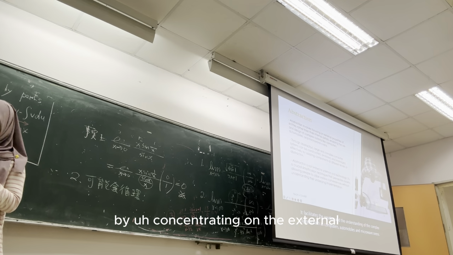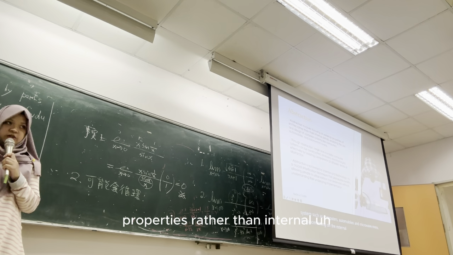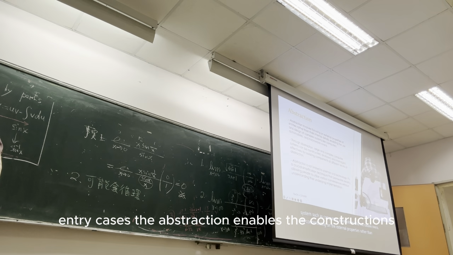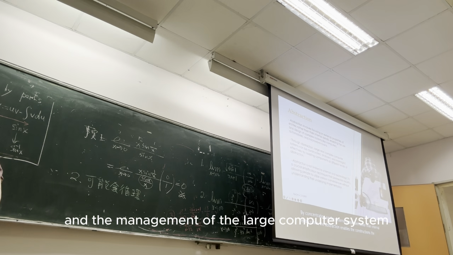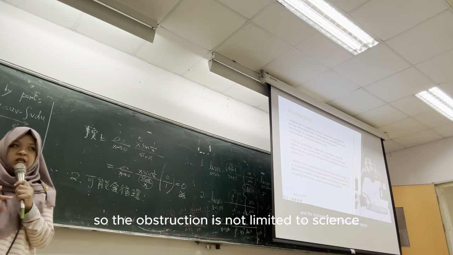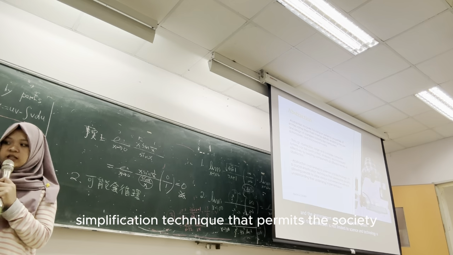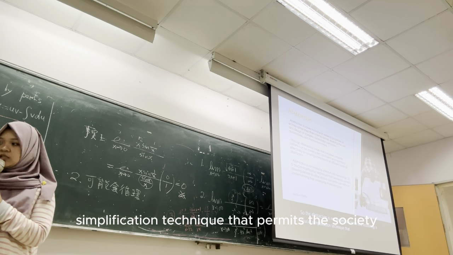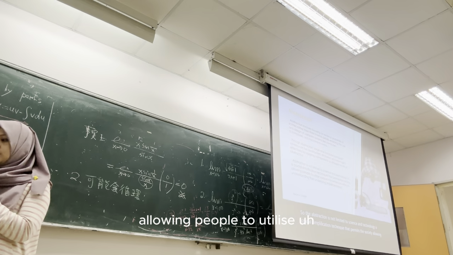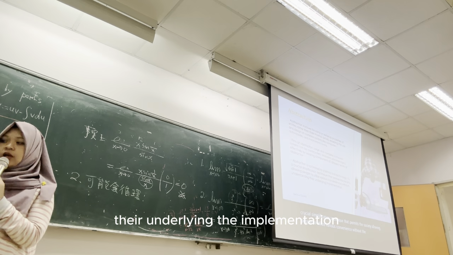By concentrating on the external properties rather than internal intricacies, abstraction enables the construction, the analysis, and the management of large computer systems. So abstraction is not limited to science and technology. It's a crucial simplification technique that permits society, allowing people to utilize various conveniences without understanding their underlying implementation.